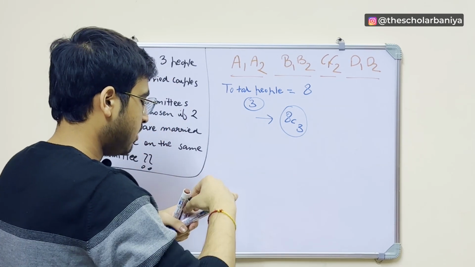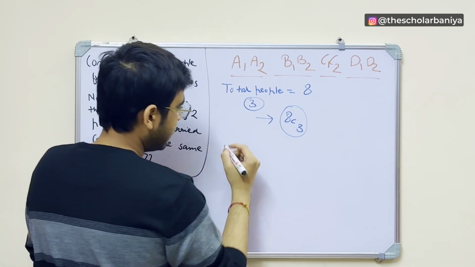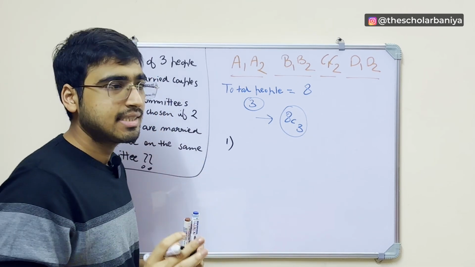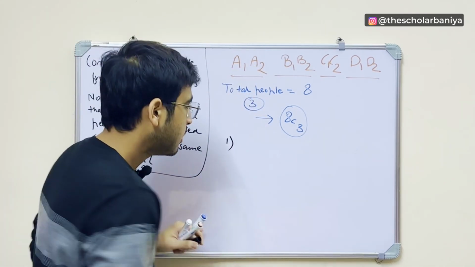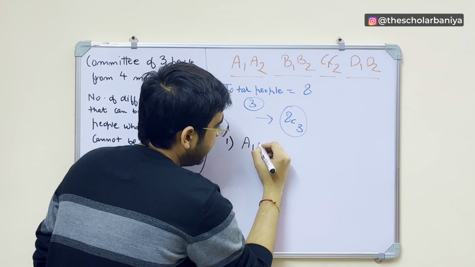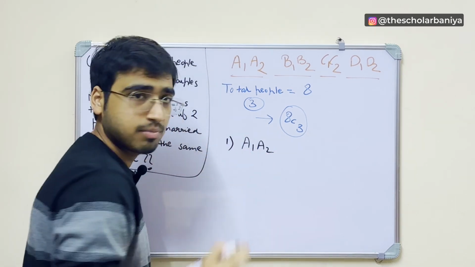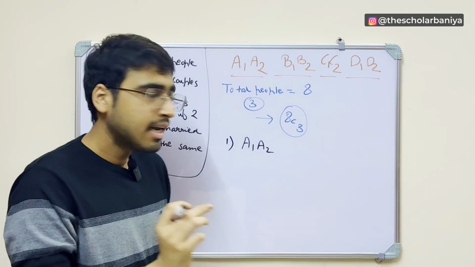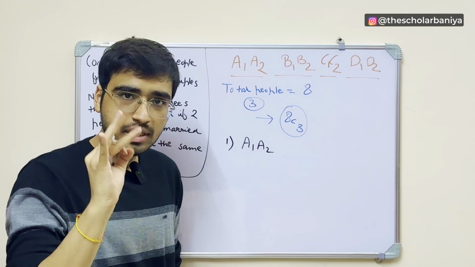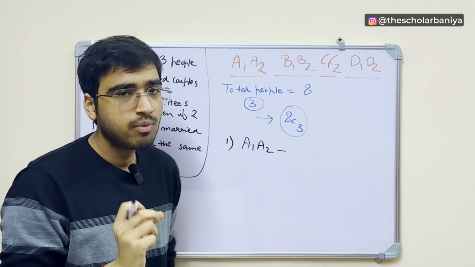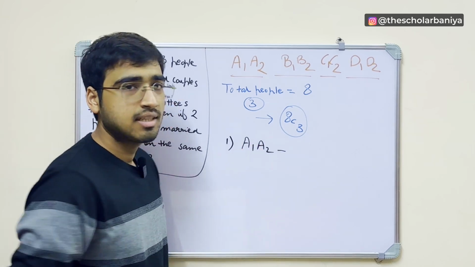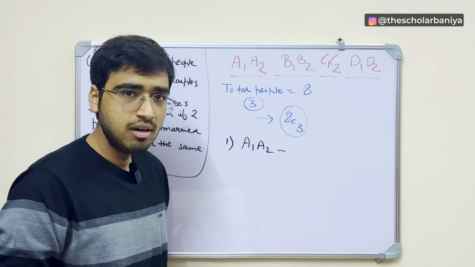So the first case can be where, for example, A1 and A2 are together. The committee is of 3 persons, so there is one more person left. Now tell me one thing, how many different ways are there in which this third person can be filled?